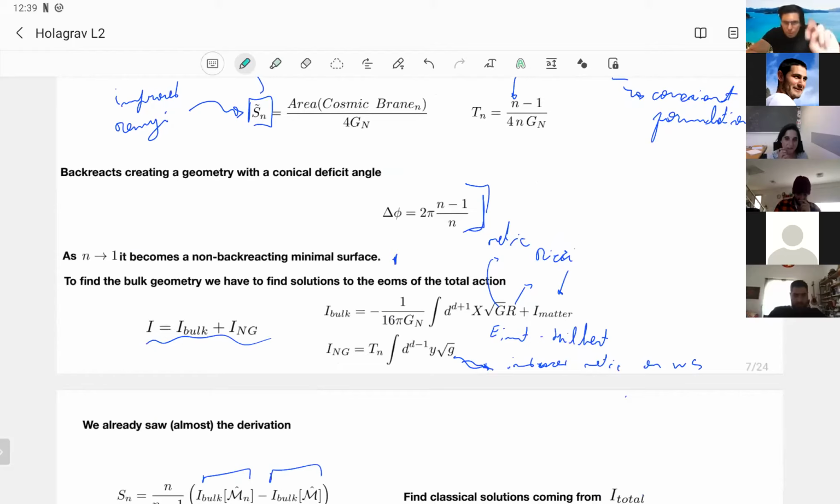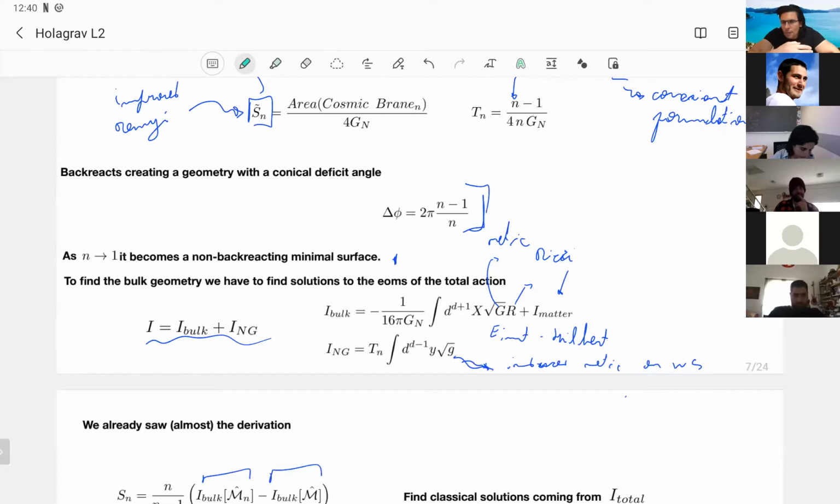So, two questions. The first one is, suppose that in that action of matter, you have something like a B2 field, or things that we have in type II, B fields. Do they enter into the action of the cosmic brane? Because in the action of a brane, they would enter, right?